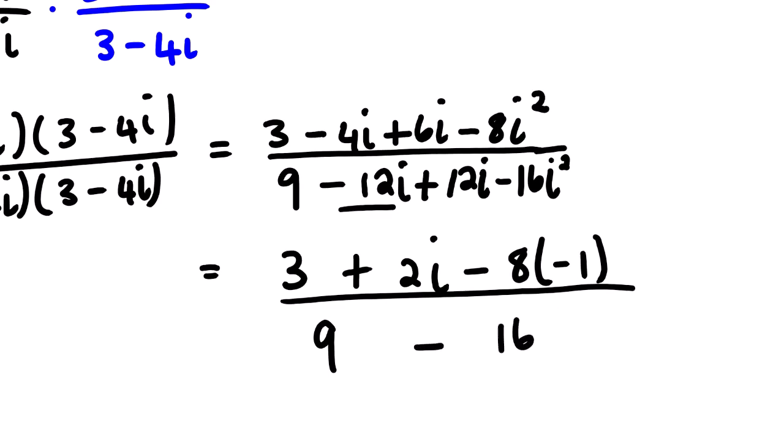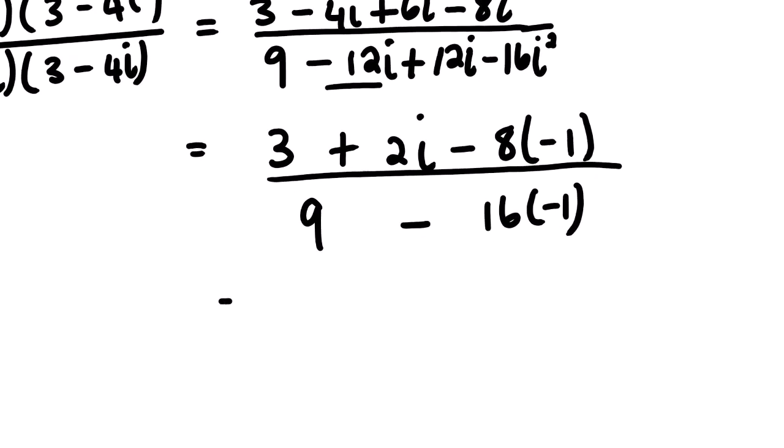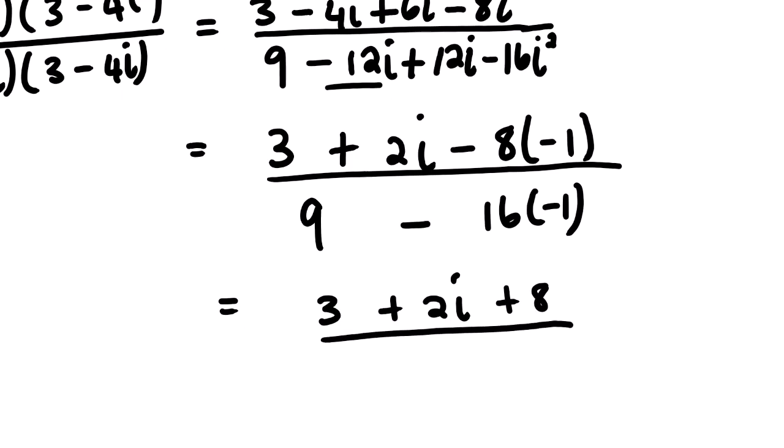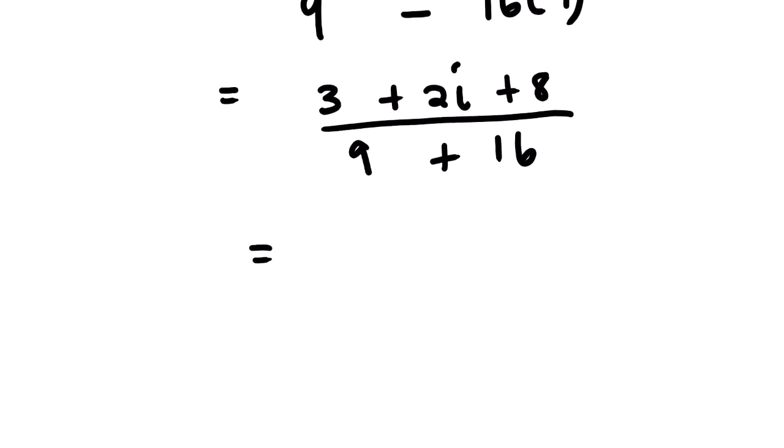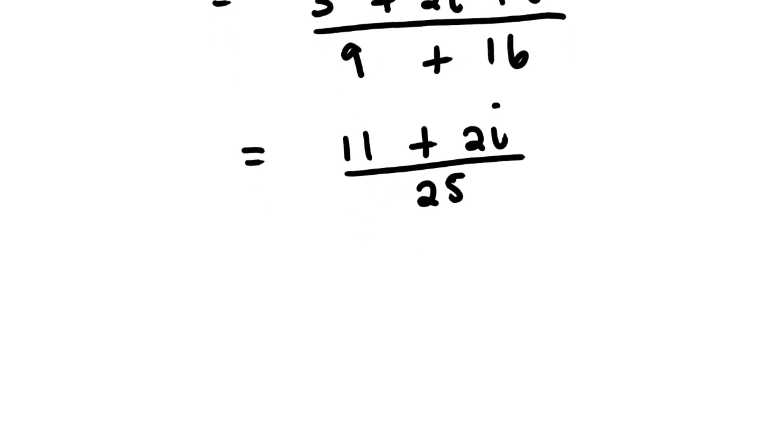Then we are left with 16, and then we have negative 1 here. Then from here we have 3 plus 2i, positive 8, all over 9 plus 16. 8 plus 3 is 11 plus 2i, all over 16 plus 9 is 25.